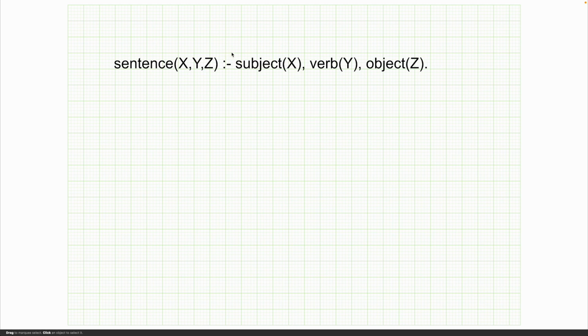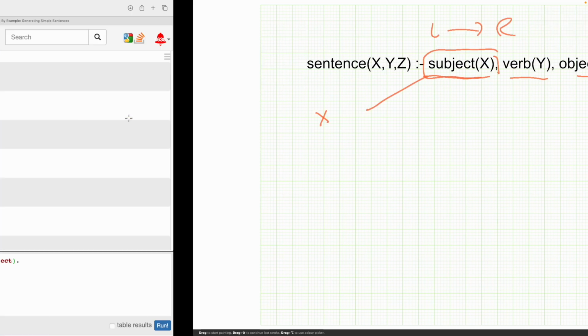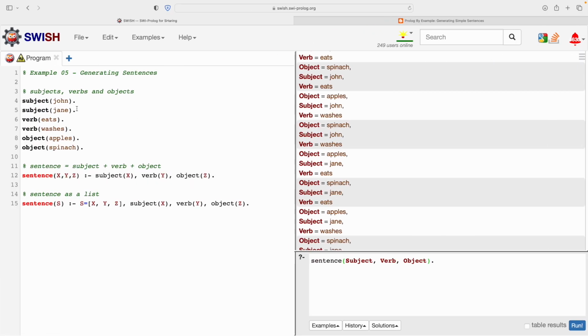And the reason there's a pattern is that when Prolog works through queries like this, as we've said before, it works left to right, and in this case it needs to find values to fill in. And the way it does this is it starts with the first goal and finds a value for x, and in our case the first thing in the rules is John, then Jane.